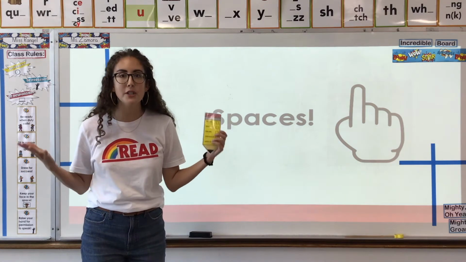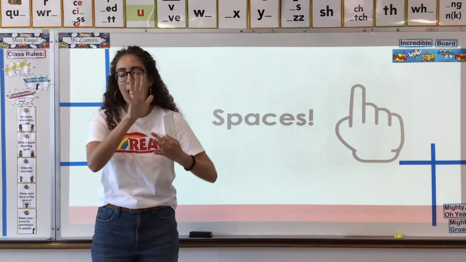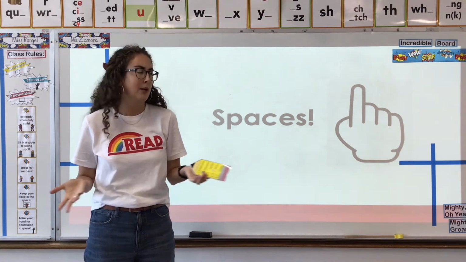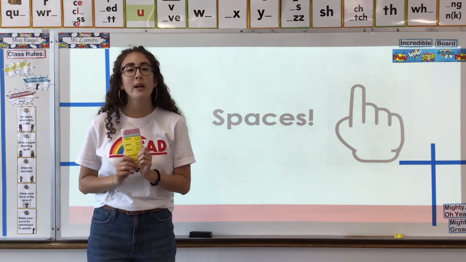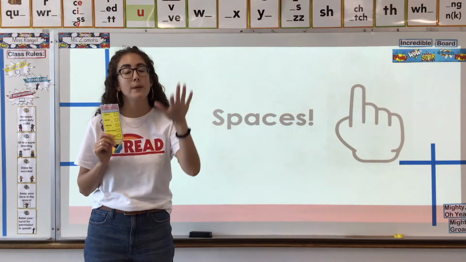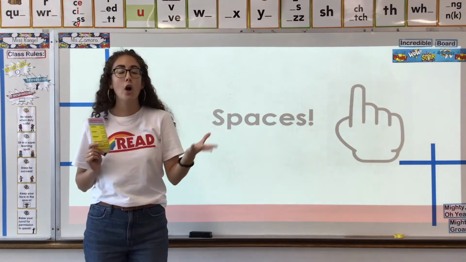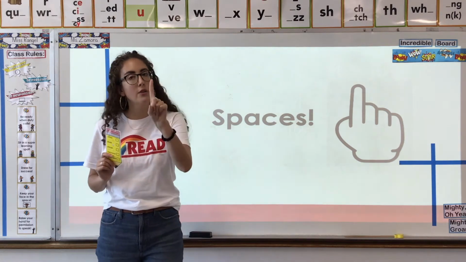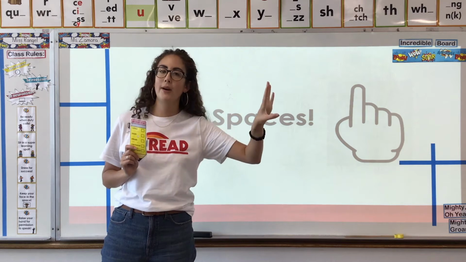Because we want to read your work. If you squished all your letters together and wrote them on top of each other, no one would know what your journal entry said. We want to make sure everything has its own space on the page to make it easier to read. If you're having a hard time with spacing, use your finger in between each word to lay it out correctly.